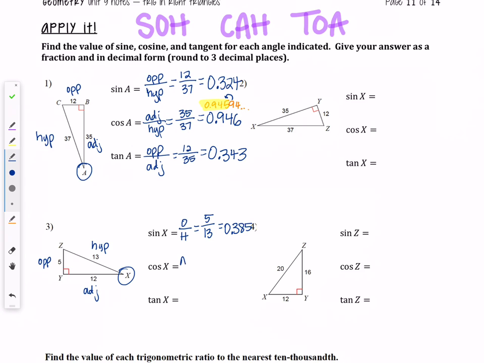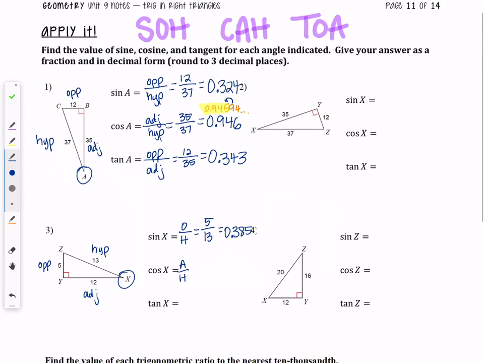And cosine is adjacent over hypotenuse, or A over H. And so when I set that up, I would have 12 over 13. 12 divided by 13 gives me 0.923.